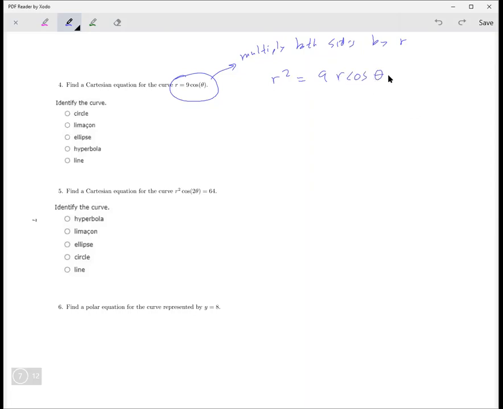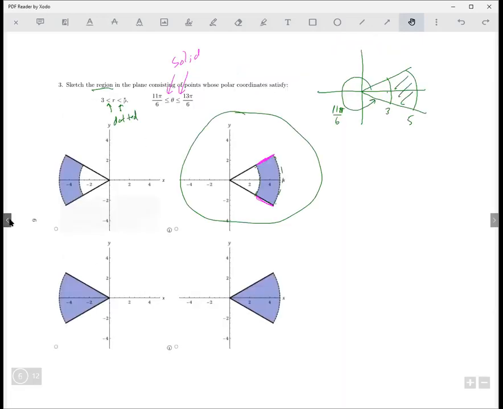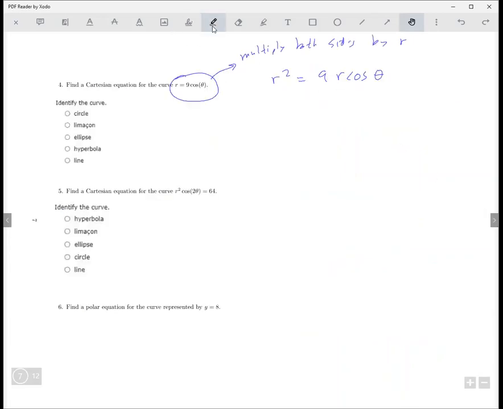Now do you recognize r cosine theta from something we said earlier in class? Isn't r cosine theta x? Yes, exactly. This is x, so that's 9x.